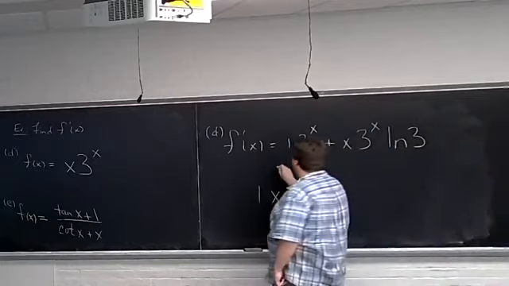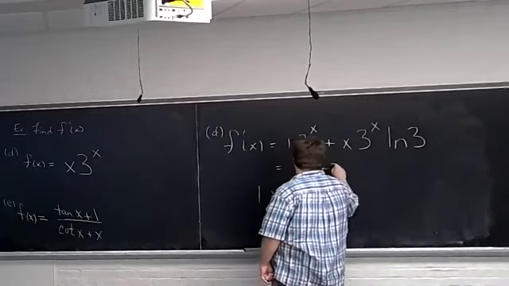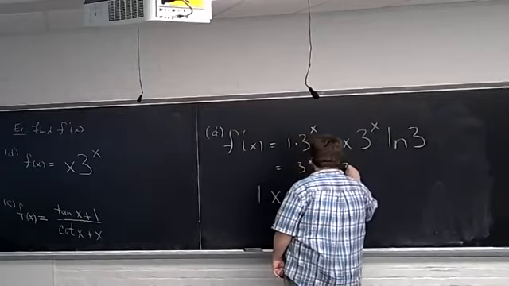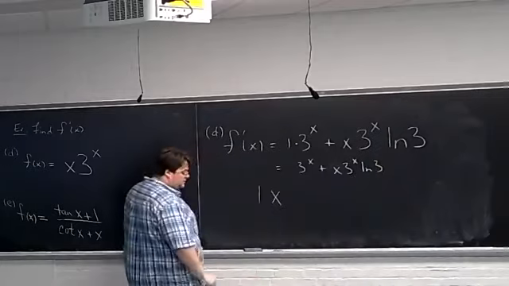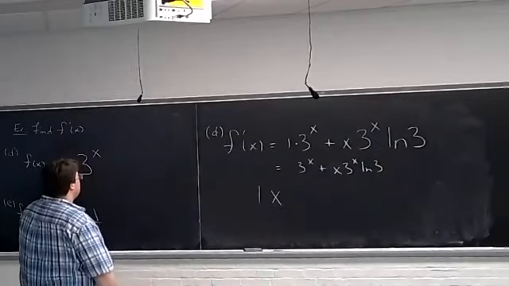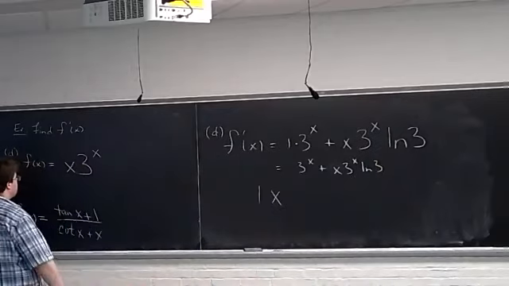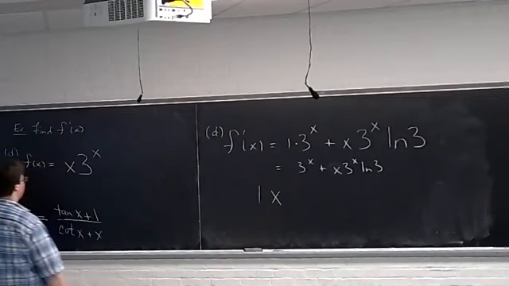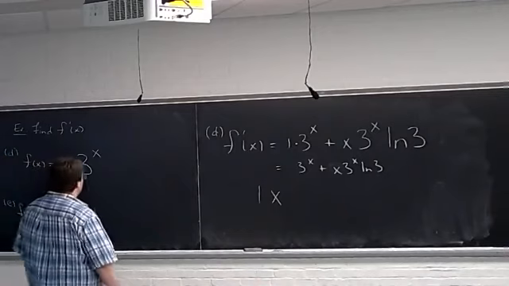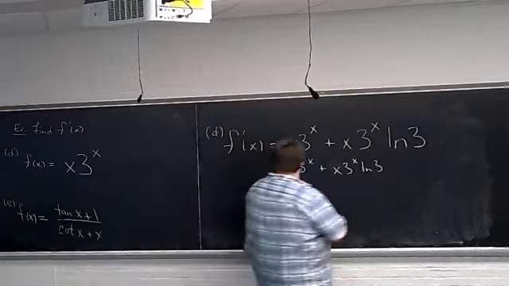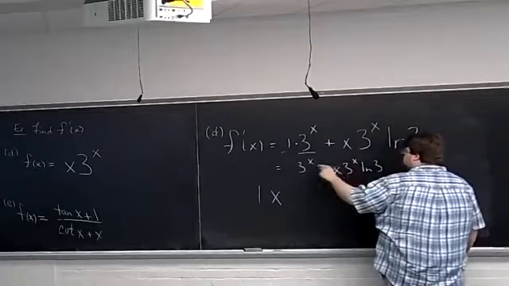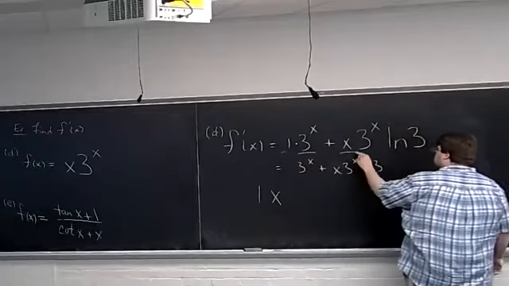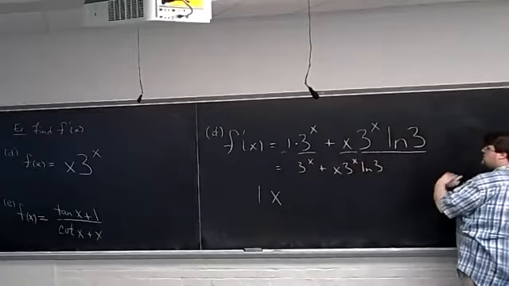And writing 1 times kind of gets in the way. So I'm not going to write it as 1 times. I'm just going to write it like that. But we do have our 4 pieces of the product rule: derivative of the first times the second plus the first times the derivative of the second.